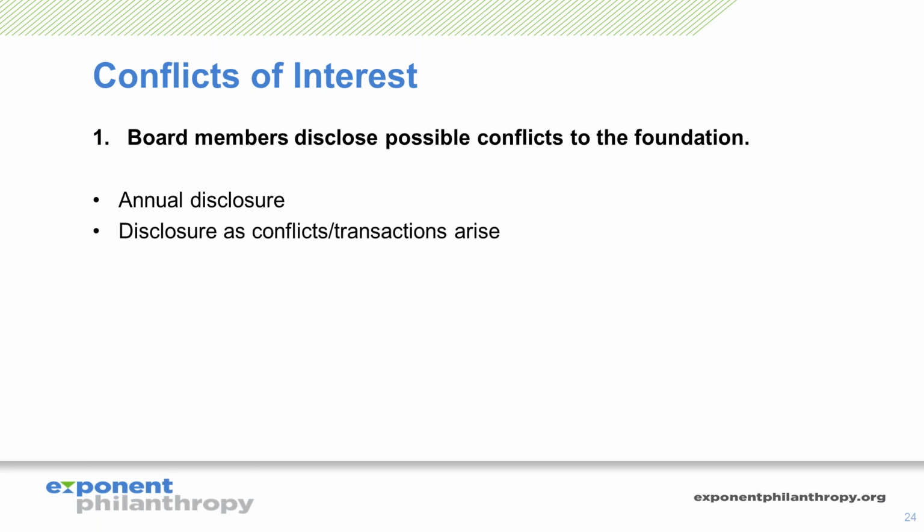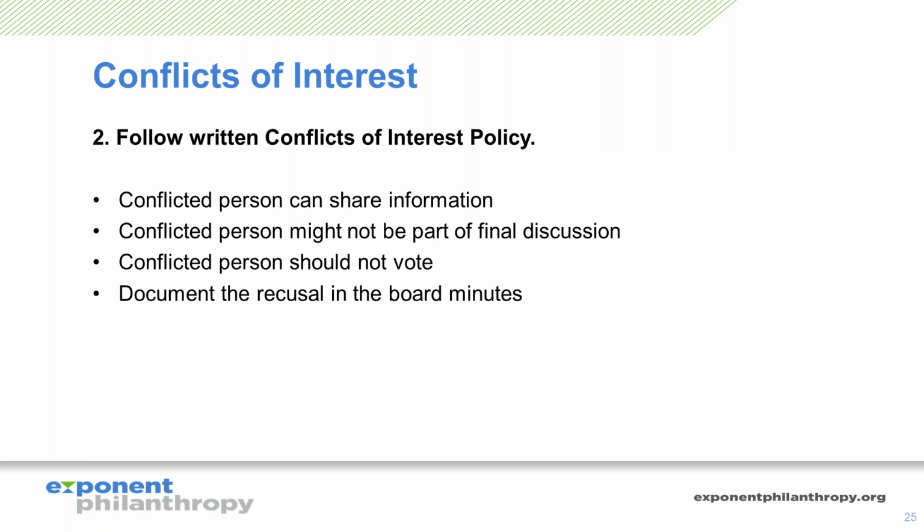You might submit a sort of written statement on the boards a board member may sit on, and you could also have a sort of an ongoing rule where if a conflict arises, then you need to disclose it, even if it's not provided on the annual disclosure. So anytime a potential conflict comes up, you want to raise your hand and disclose that.